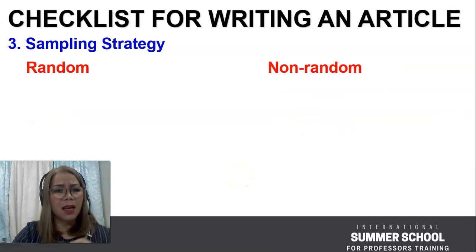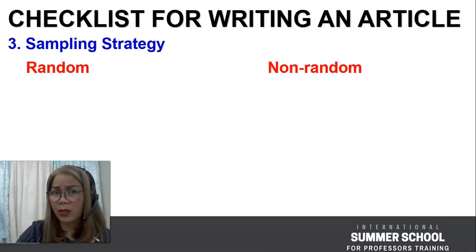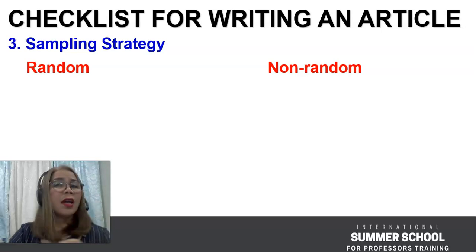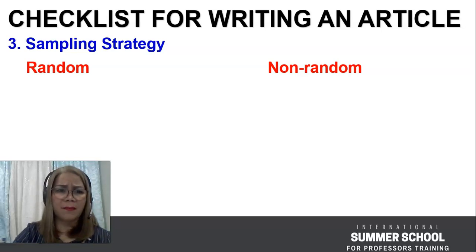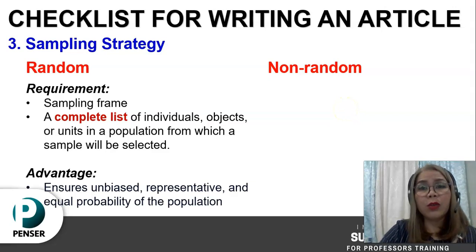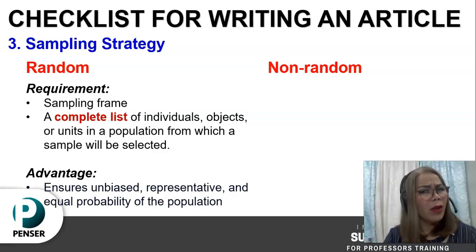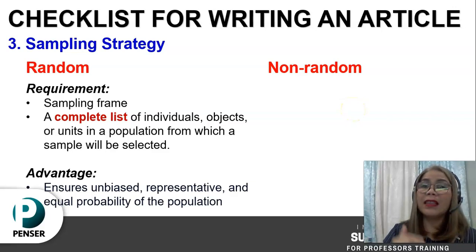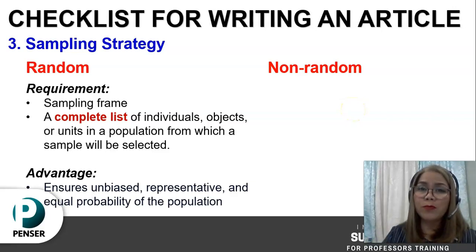You might ask, am I going to use random sampling or non-random sampling technique? According to scholars, we will use random sampling technique if we have a sampling frame. What is a sampling frame? A sampling frame is a complete list of individuals, objects, or units in a population from which a sample will be selected.